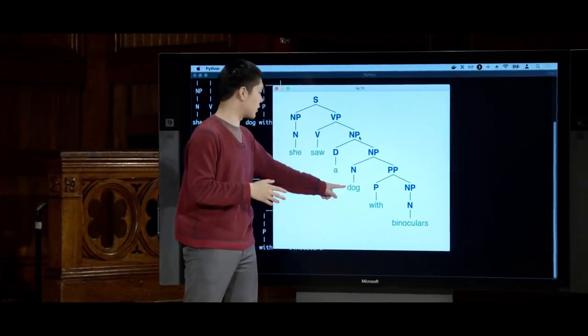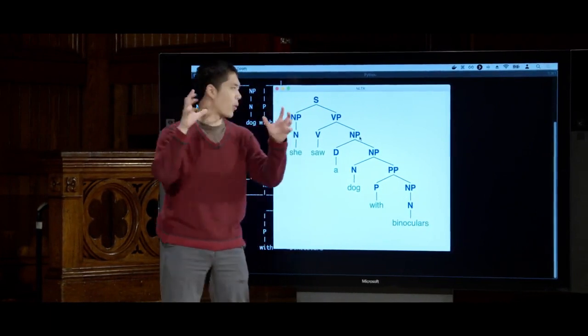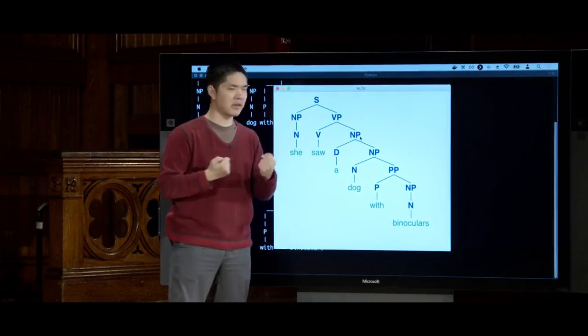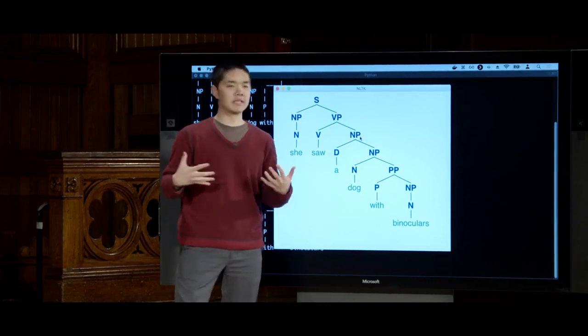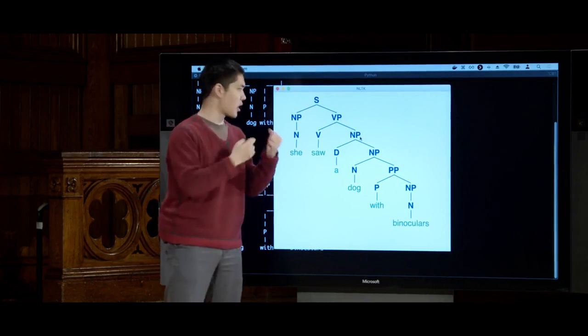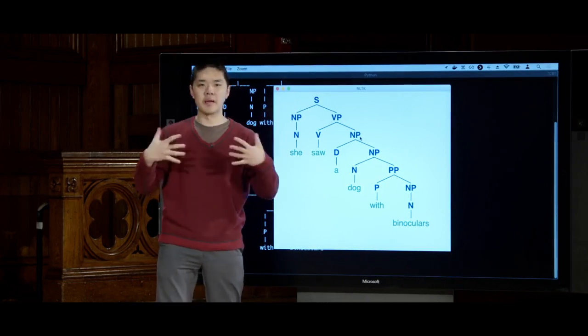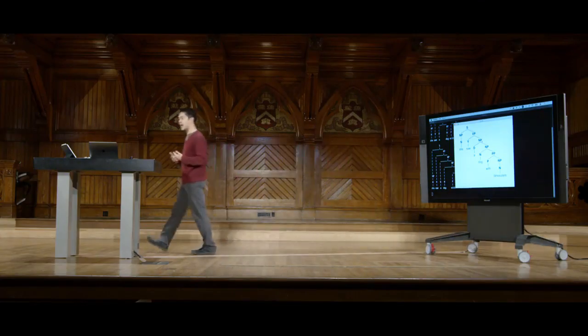What she saw was a dog, and that dog happened to have binoculars with the dog. So different ways to parse the sentence, different structures for the sentence, even given the same sequence of words. And NLTK's algorithm has the ability to find all of these, to understand the different ways that you might parse a sentence and extract some sort of useful meaning out of that sentence as well.